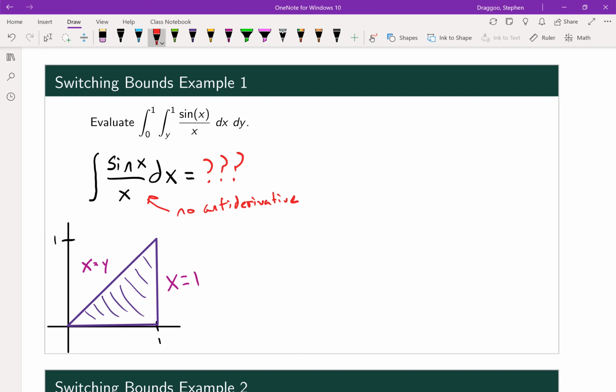So instead, what we're going to want to do is just change the bounds for this integration. So instead of doing an x and then a y integral, we'll want to see what happens if we rewrite everything and try to do y first instead of x. So we're going to start by looking at the first integral that we would have to do and looking at the bounds, which are y and x.